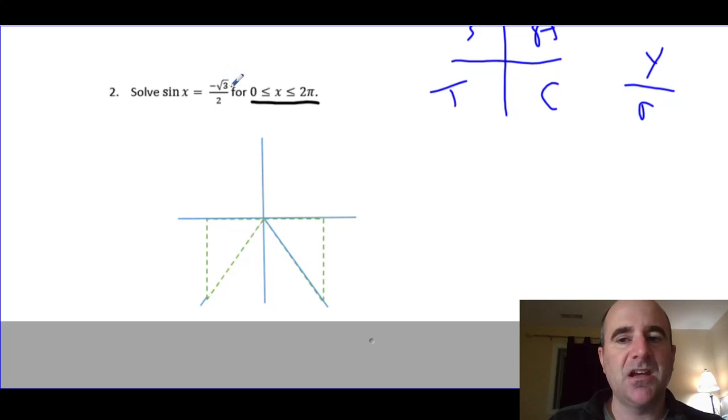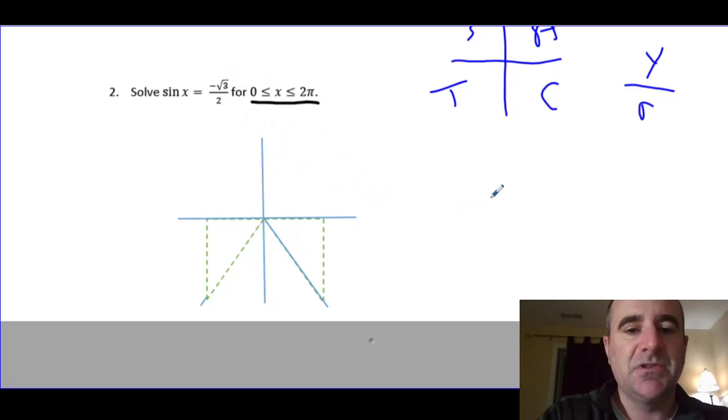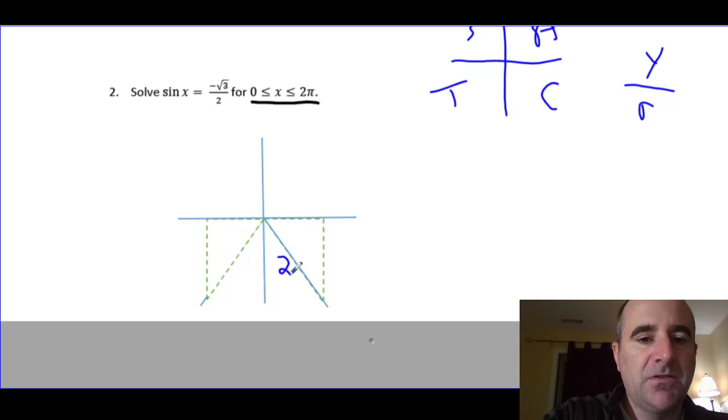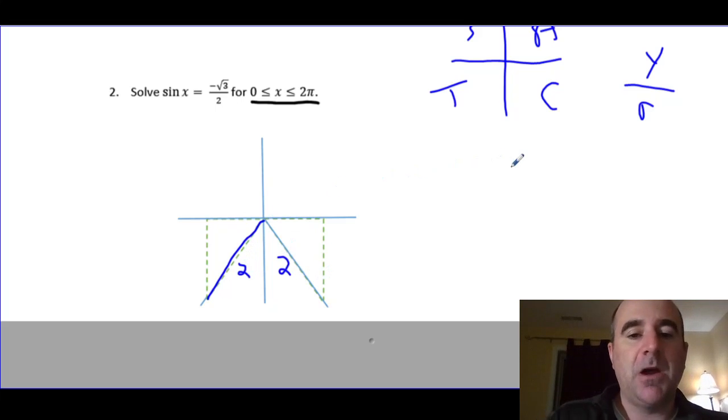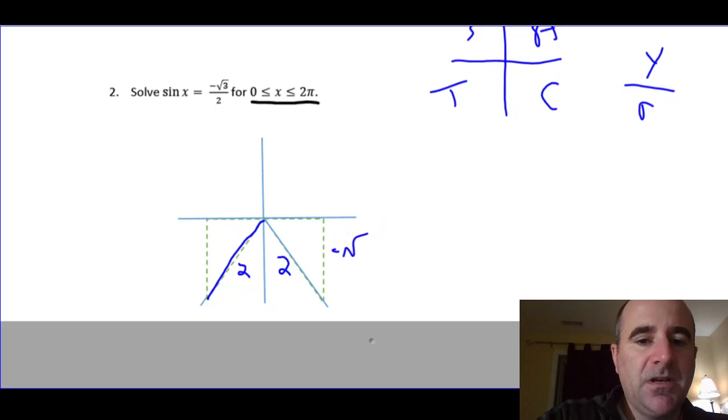Since sine x is y over r, we know the y value is negative root 3 and the r value is 2. So in these pictures, I could have a 2 here or a 2 here, and then my y value is negative root 3.